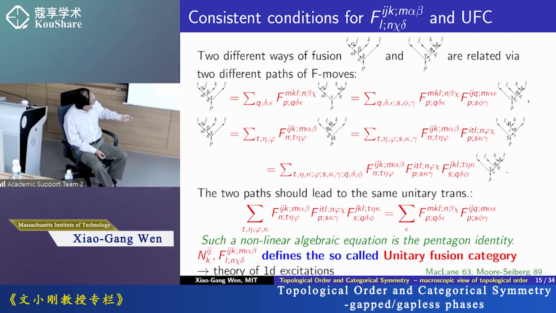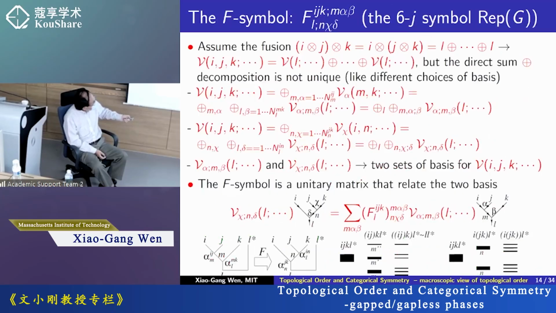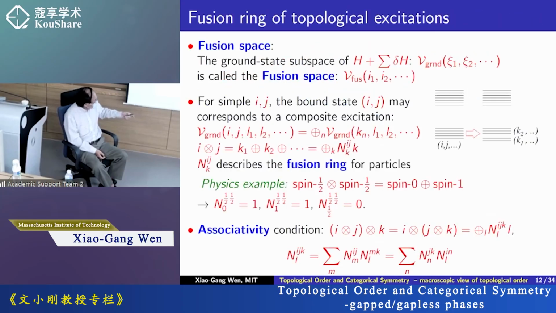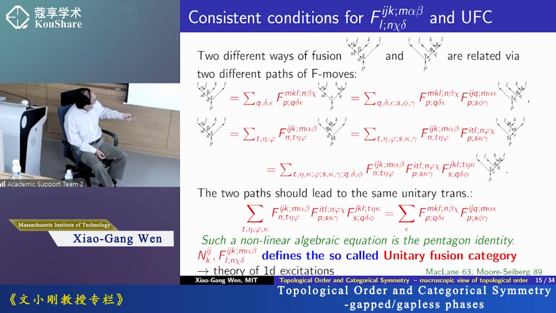Nijk satisfy this kind of condition, and the F symbol satisfy this pentagon identity. There are a few other not so important relations. Solving those, we get the so-called allowed, legal data, and that is a fusion category.